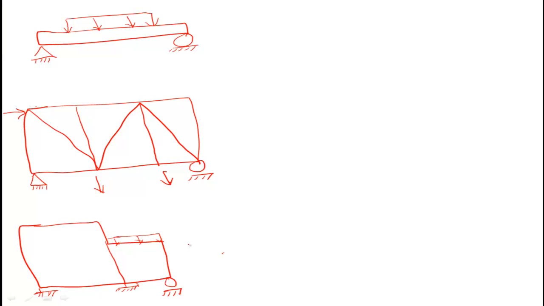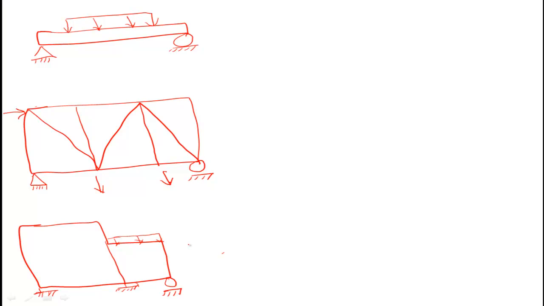Now from these examples, be it a beam, truss or a frame, it can be viewed as a rigid body that's properly restrained by one or more supports. Such a system is said to be externally stable. From the first figure you can see a beam which has a pin support on one side and a roller support on the other side.